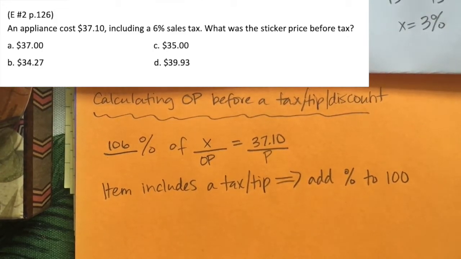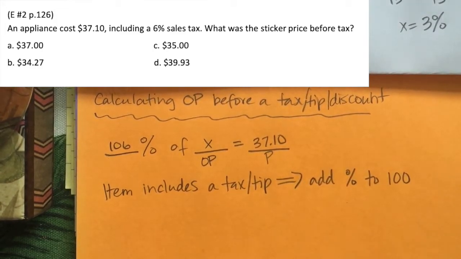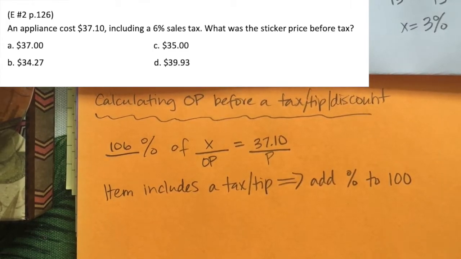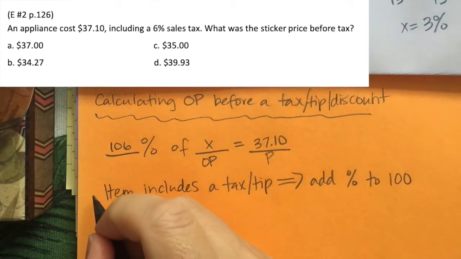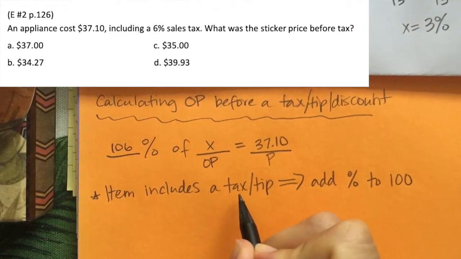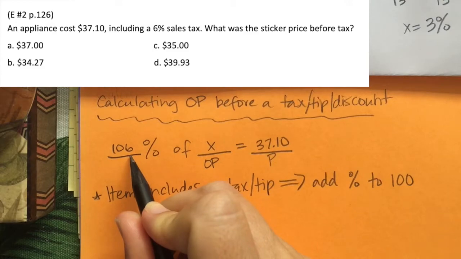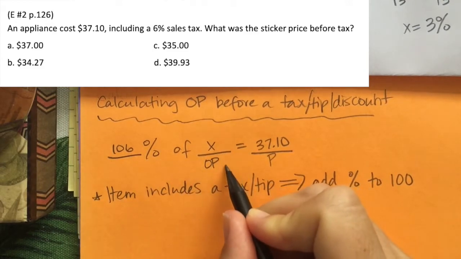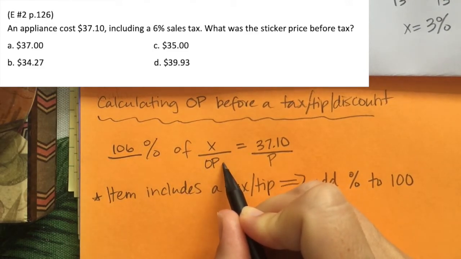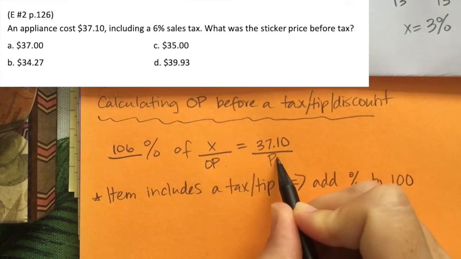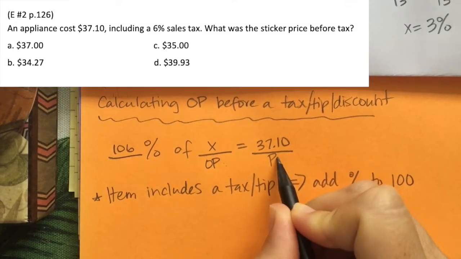And I know this can be a little bit confusing, but I promise it will get the right answer every single time. So when an item includes a tax or a tip, you need to add that percent to 100, and that's what you would put here. Your X is always the original price because that's what we're trying to solve, and then the part is the price with the tax that they give you, okay?